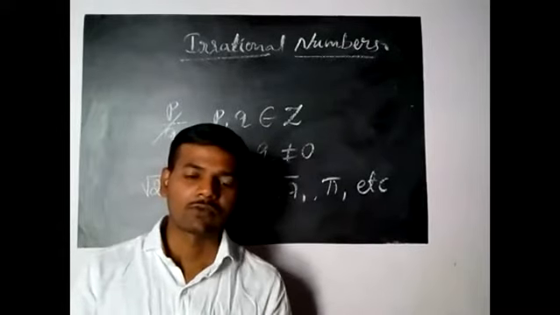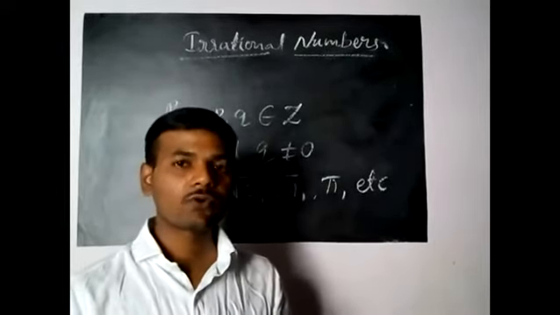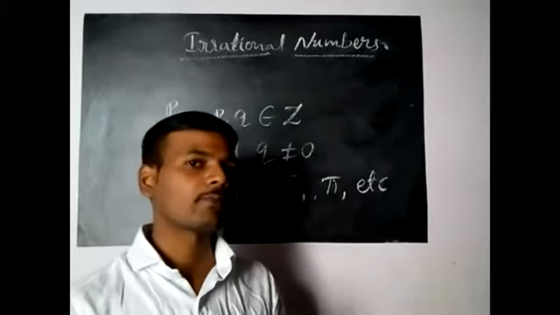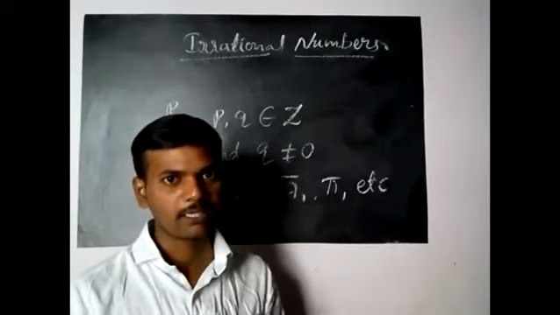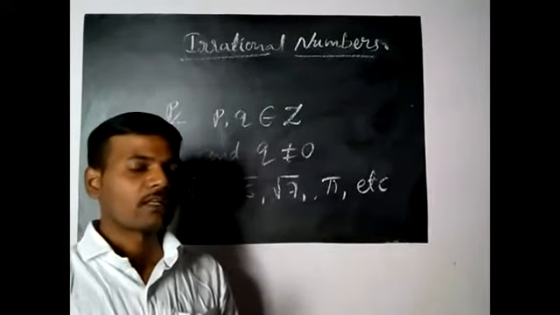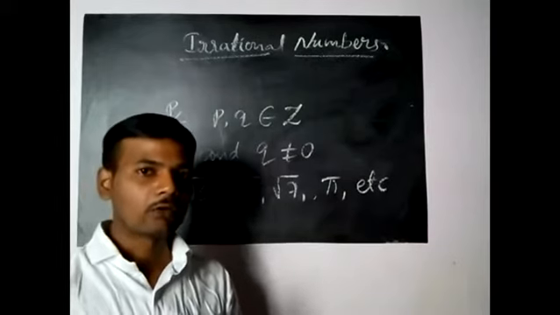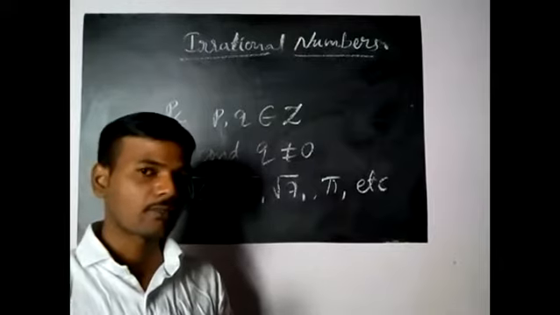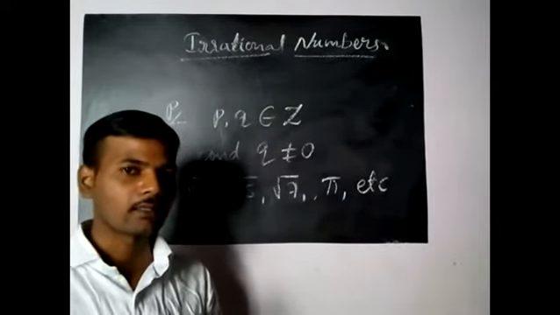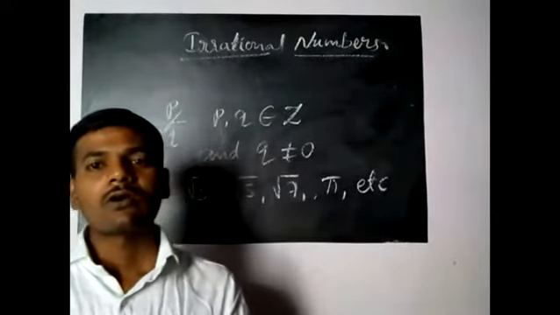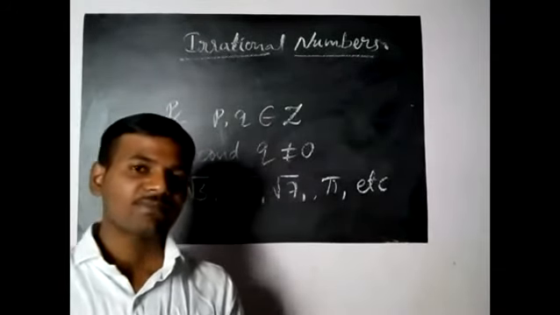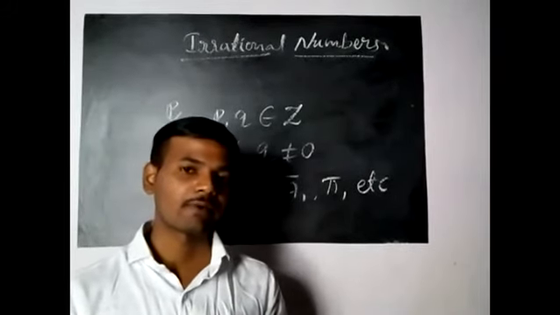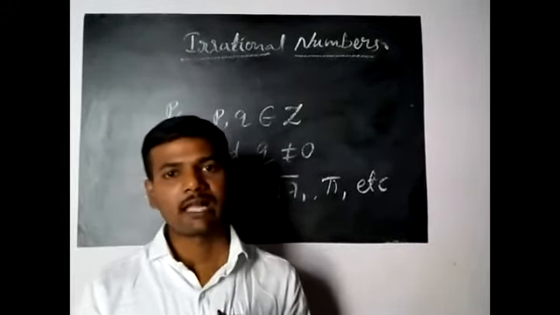For the 9th standard it is enough to know how to represent or locate irrational numbers on the number line. So let me have a look at how to represent the irrational numbers on the number line, and also how to construct the square root spiral on the number line.